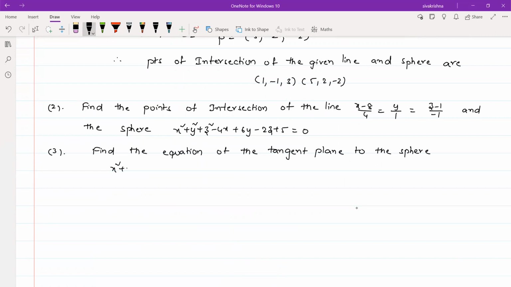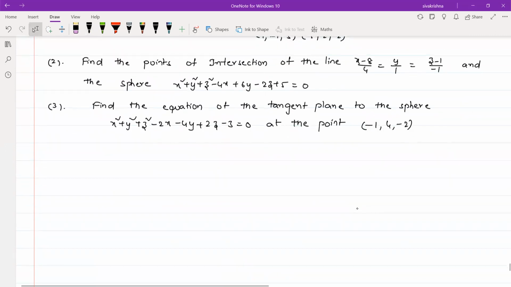x² + y² + z² - 2x - 4y + 2z - 3 = 0 at the point (-1, 4, -2). So we have to find the tangent plane to the sphere equation at the point.